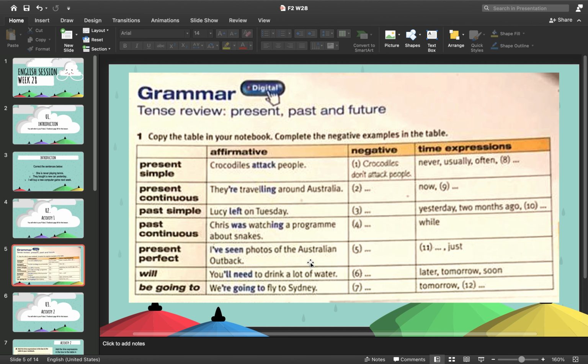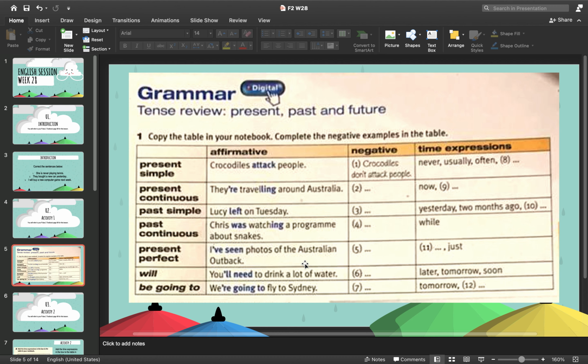Alright, untuk present perfect, ini macam selalu teacher sebut lah. Present perfect ni, dia akan tunjukkan, it will show a time between the present and the past.